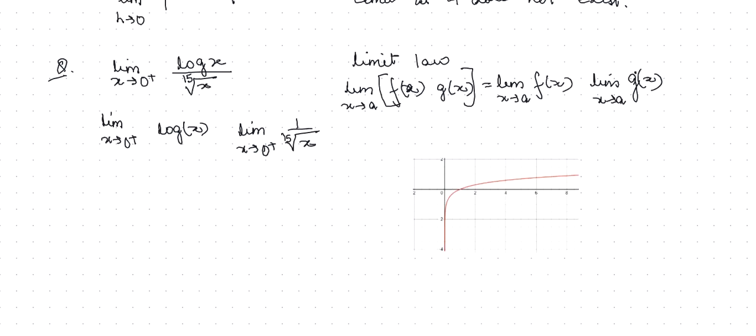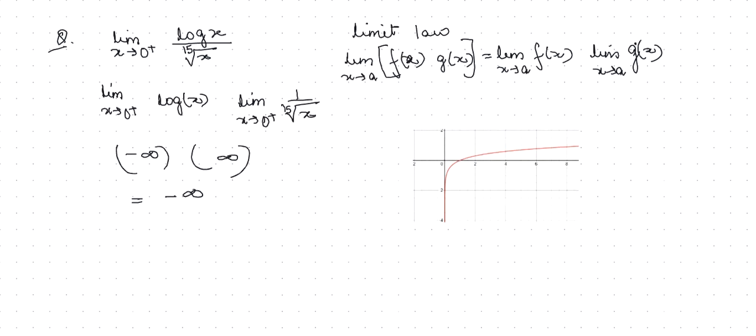So we can say the first function is -infinity, and for this one, as x is near 0 and it is 0 plus, so it will be +infinity. 1 over 0 is infinity and this is positive, so it will be +infinity. So negative infinity multiplied by positive will give us negative infinity. So the limit as x tends to 0 plus of this function is negative infinity.